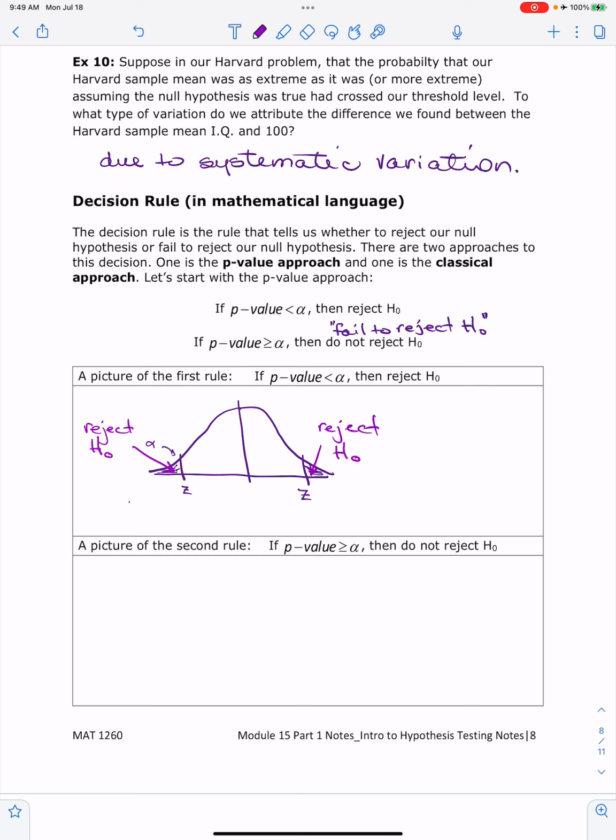Okay. That means, in real words, we are too far away from our normal or expected population values.